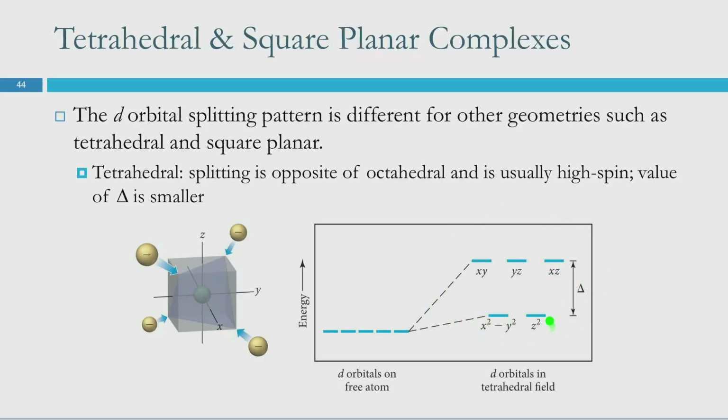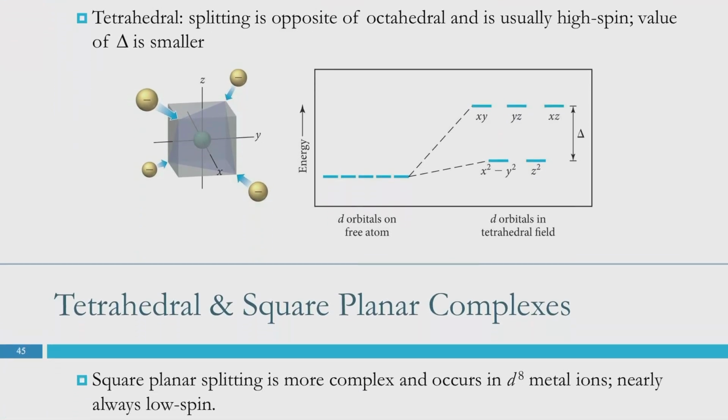Our x squared minus y squared and our z squared are now the low energy ones and everything else is higher energy. Because these tetrahedral ligands are coming in between the axes. So our on-axes d orbitals have less overlap, and our off-axes orbitals have more overlap. That's why it's flipped.